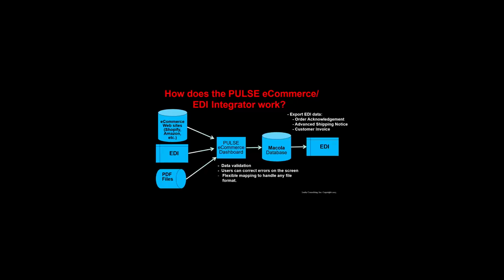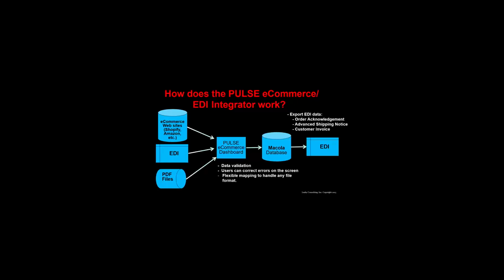So we have a dashboard that is receiving the data and allowing you to look at it and, if there's an error, make a change or at least evaluate it. We also have what's called an unattended version, or a lights out version. It will pull Shopify or EDI on a constant basis and then automatically push those into Macola.